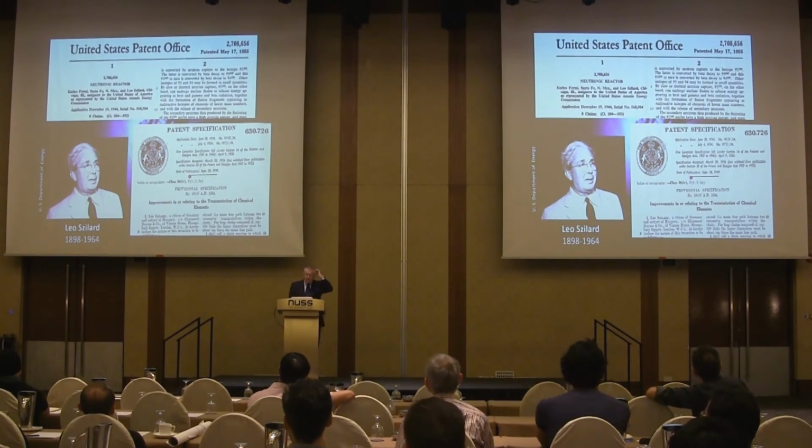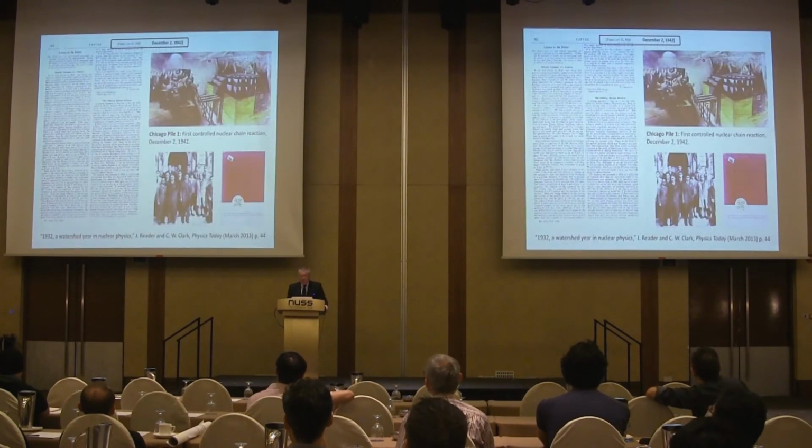He was no one-trick pony. Here's another one. This is an even more beautiful, amazing patent by Szilard and Enrico Fermi, which is patenting a neutronic reactor, something that they actually made work. And here's a famous juxtaposition. Here's Chadwick's paper, February 1932.